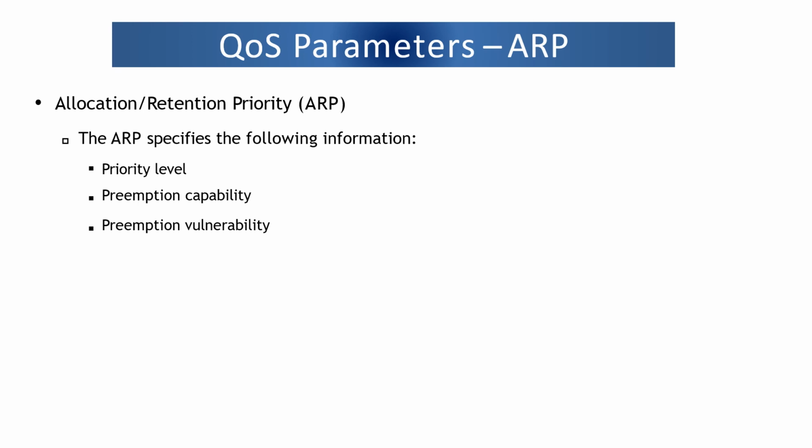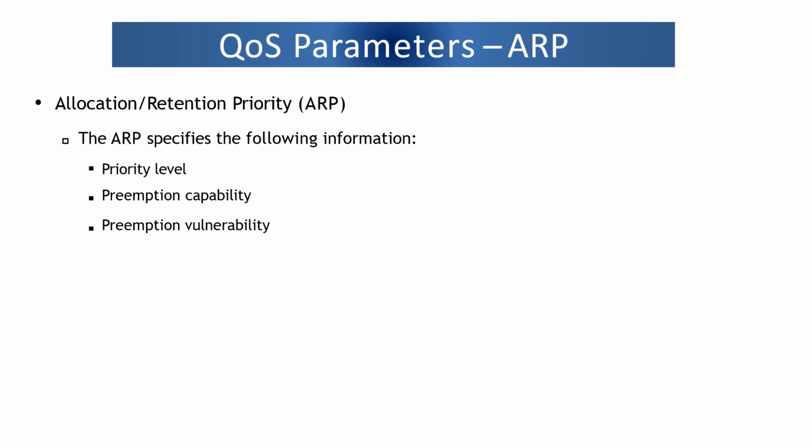ARP determines whether the bearer establishment or modification request is accepted or rejected due to limited resources. And also the priority level specifies whether a requested bearer can be set up, modified, or rejected.